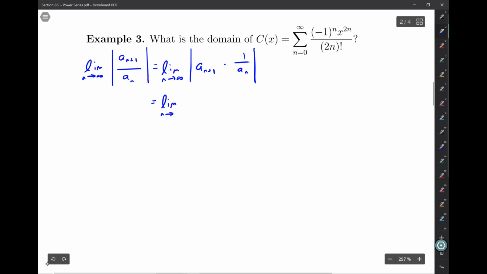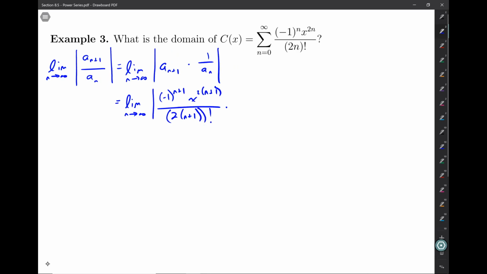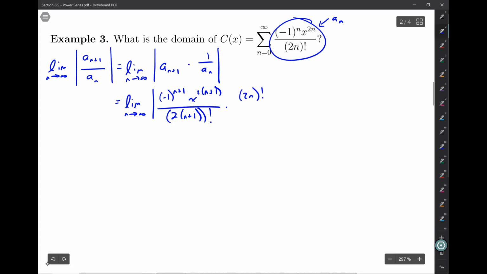In this case, for a sub n plus 1, we're replacing all the n's with n plus 1, so we get negative 1 to the n plus 1 times x to the 2 times n plus 1 over 2 times n plus 1 factorial. This is multiplied by the reciprocal of a sub n. I like this reciprocal business because this entire thing is a sub n, so we can just look at the reciprocal of that. We don't have to do anything else. This is 2n factorial divided by negative 1 to the n times x to the 2n.